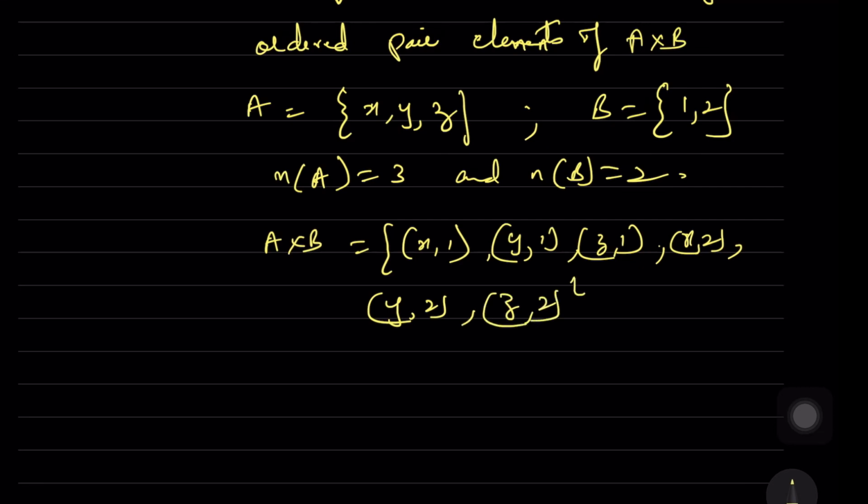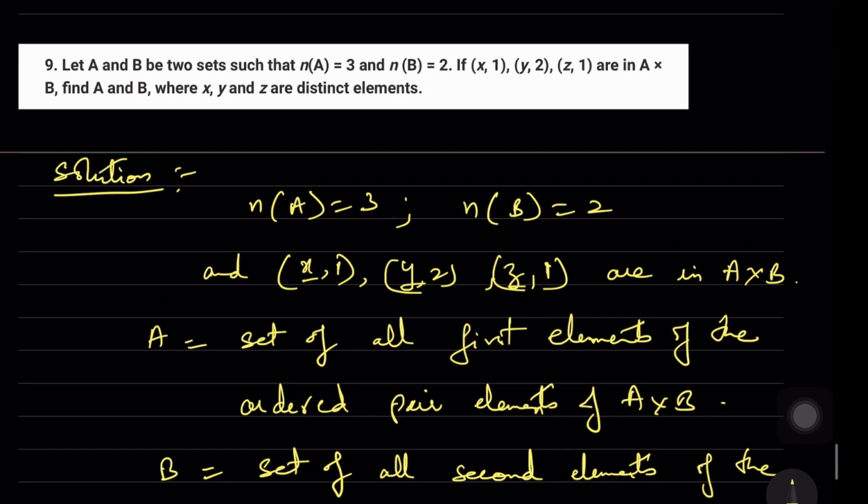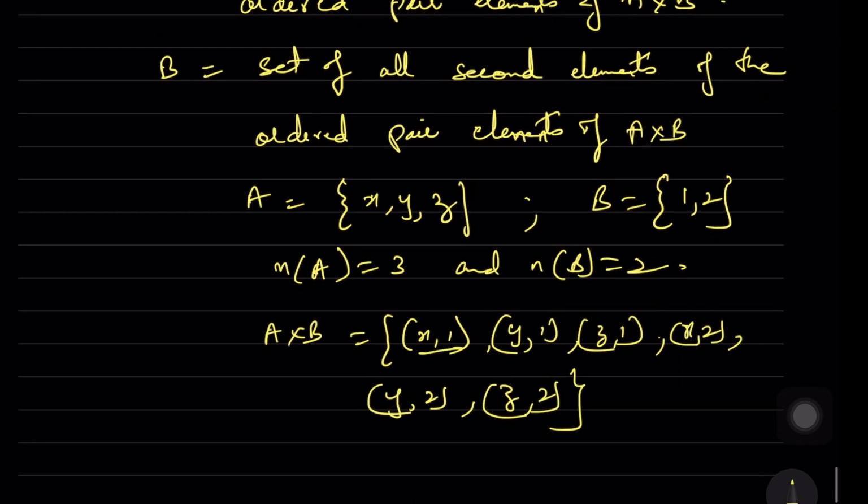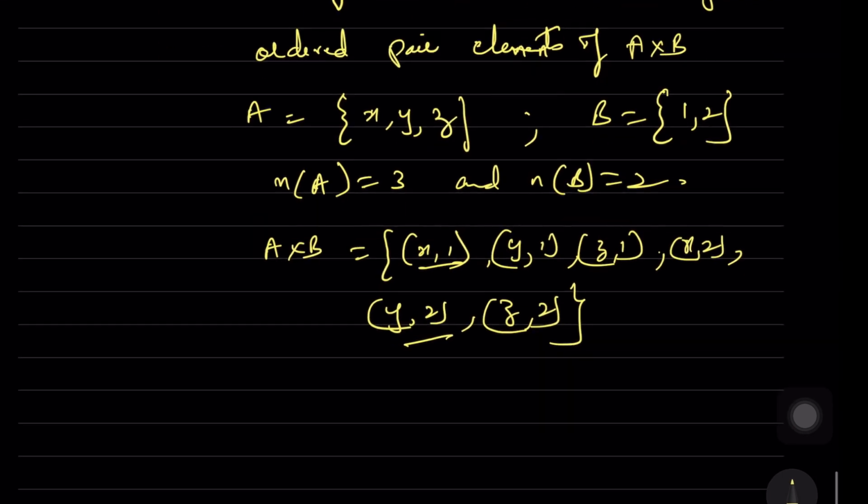So these are nothing but the elements of A cross B, and you can clearly see which are written over here: (x,1), (y,2) and (z,1). All are the elements of A cross B. So therefore it's true that A is equal to {x, y, z}, and B is equal to {1, 2}. That is, the number of elements of A is equal to 3, and the number of elements of B is equal to 2.